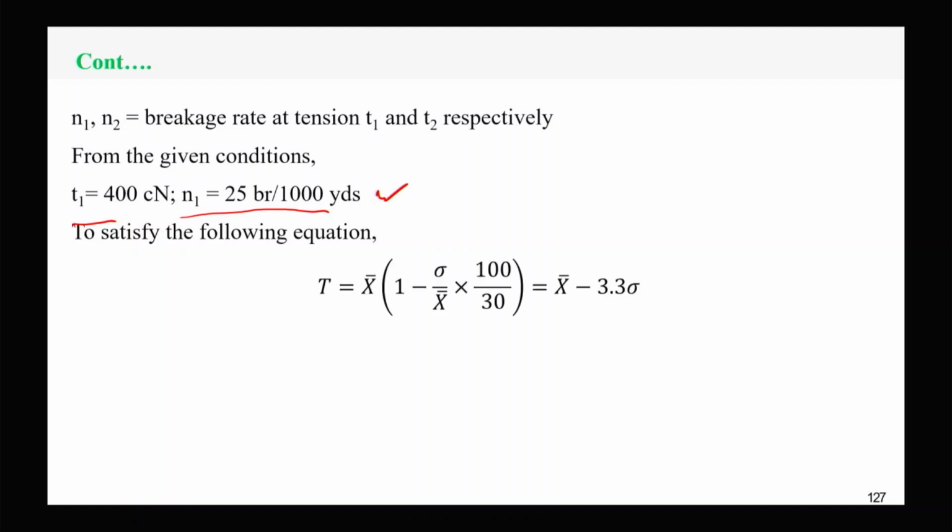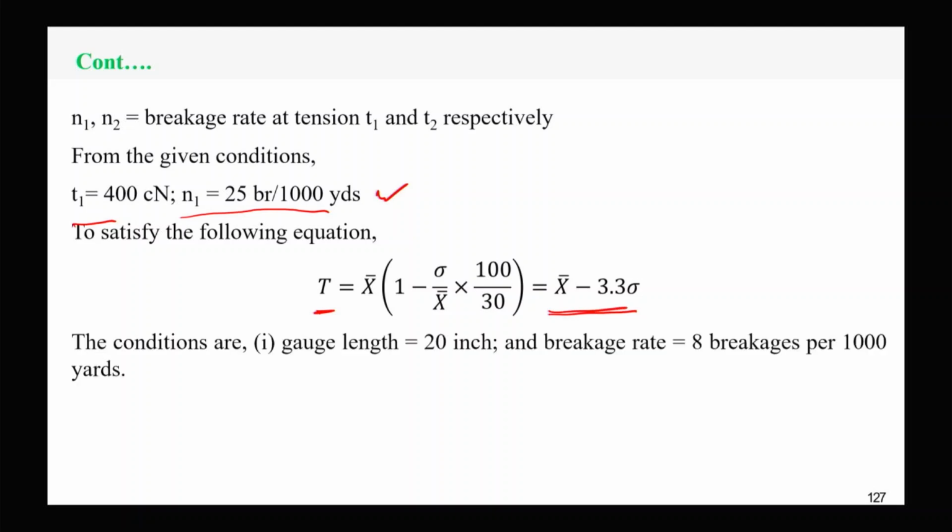To satisfy this equation, as I have already mentioned, T equals X bar minus 3.3 sigma, where sigma is the standard deviation. If we want to convert the static strength to dynamic strength, we must use this relationship.